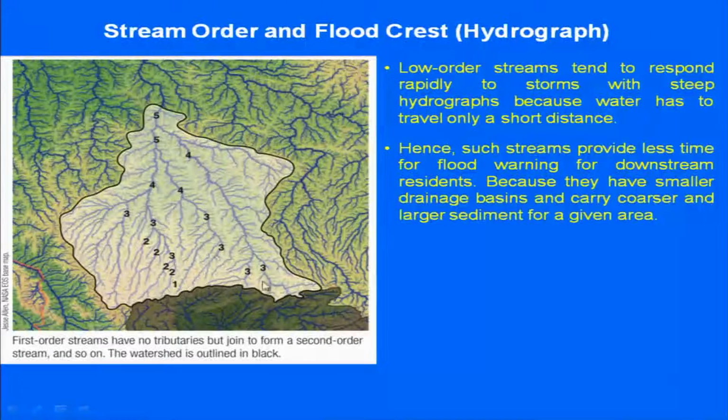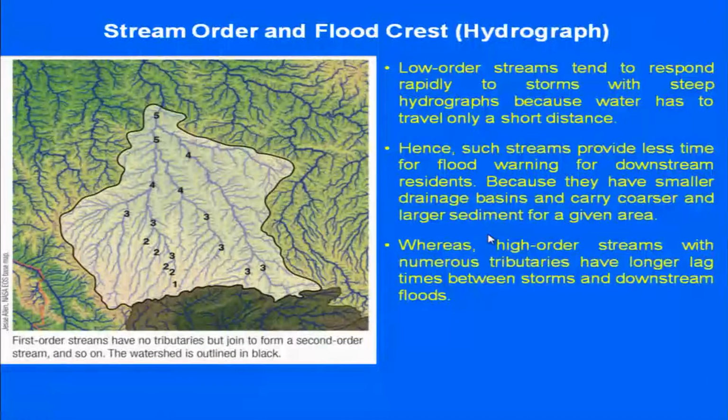So if you have a greater number of lower order streams, then it is dangerous in terms of flooding for the downstream residents, because they have smaller drainage basins and carry coarser and larger sediments for a given area.